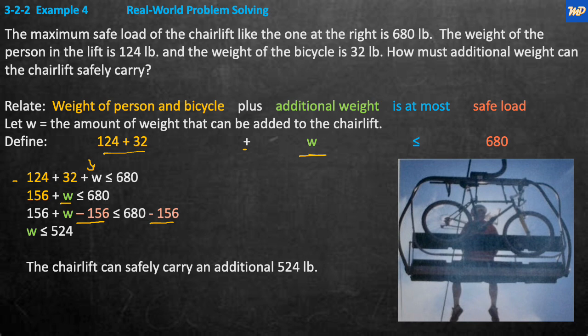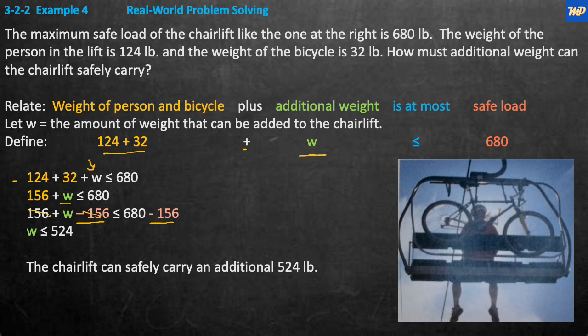So subtract 156 from this side and add it to the original 156, you get 0. So W is less than or equal to 680 minus 156, which gives us, after we simplify it, W less than or equal to 524.